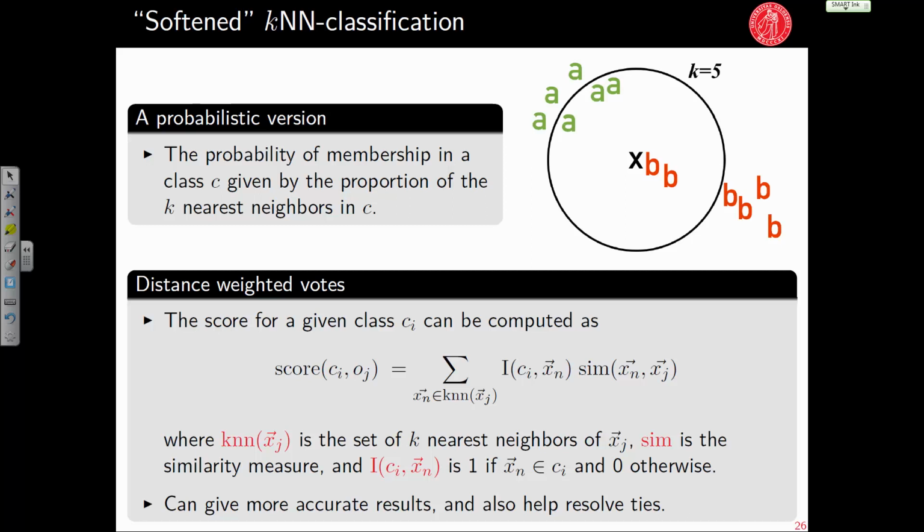One thing I didn't mention is that this way would help give accurate results and also help resolve ties. If you choose your k to be an even number, you will end up with cases where you have two neighbors of one class and two of another class.